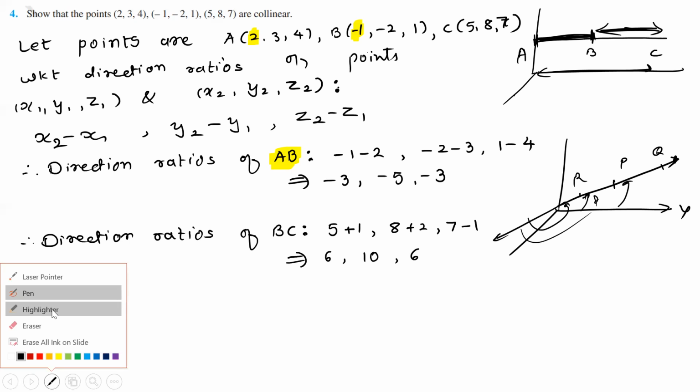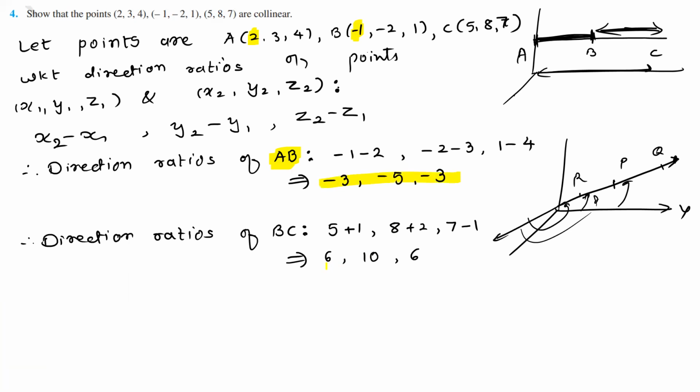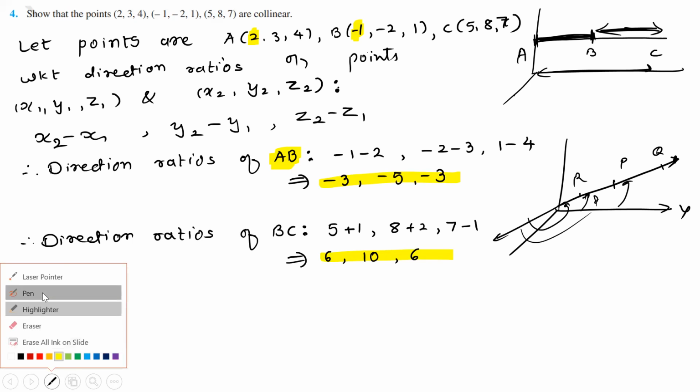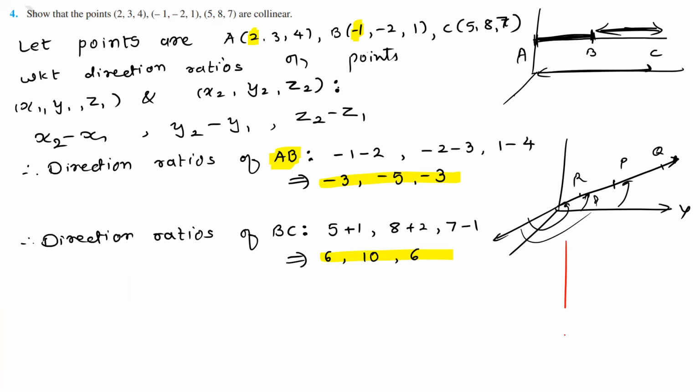If you multiply -3 by -2, you get 6. If you multiply -5 by -2, you get 10. And multiplying -3 by -2, you again get 6.